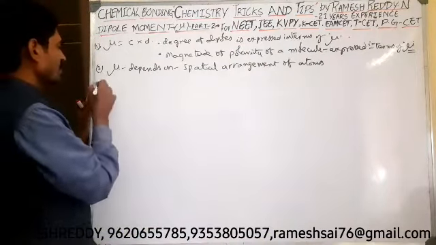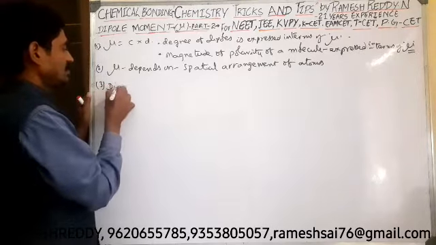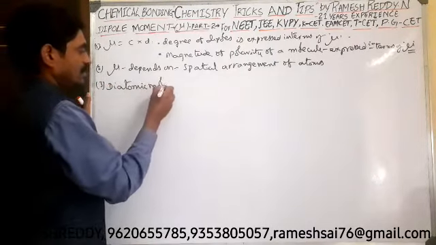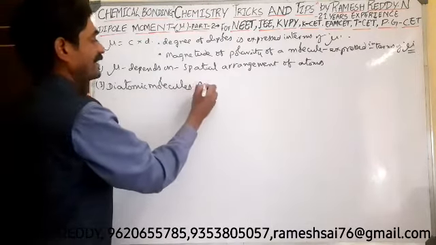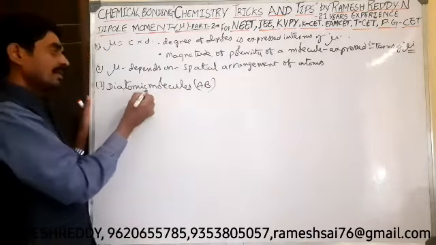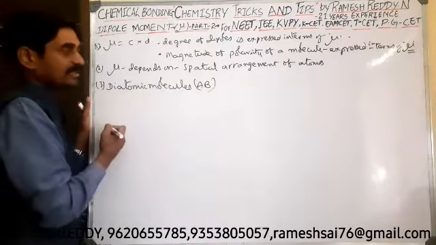For example, in the case of diatomic molecules, that is AB type, two atoms are there in the molecule. Di means two atoms are there in the molecule.